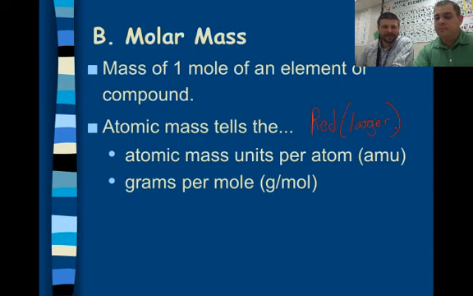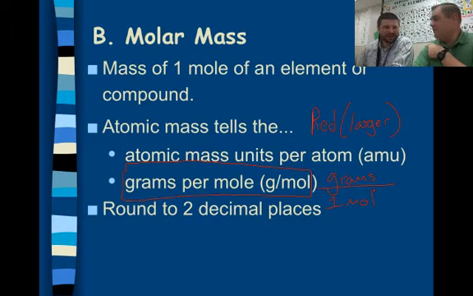The units for molar mass are grams per 1 mole, so it's the amount of grams in 1 mole of an element. Usually we round that to 2 decimal places, and you'll see that throughout the periodic table.